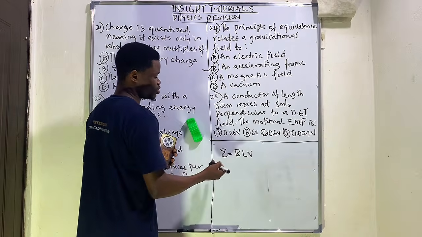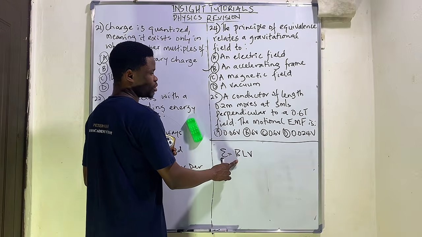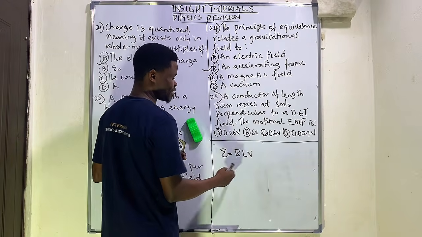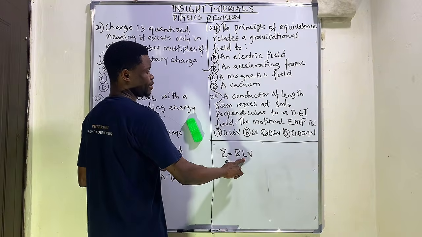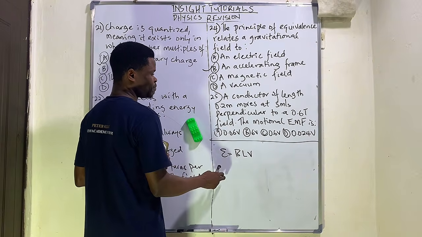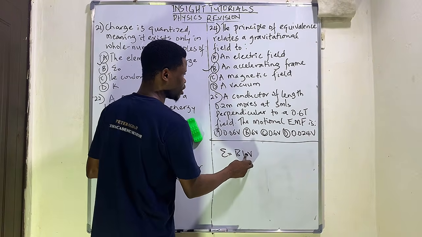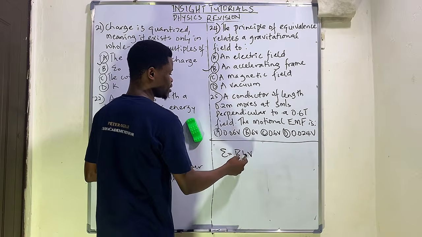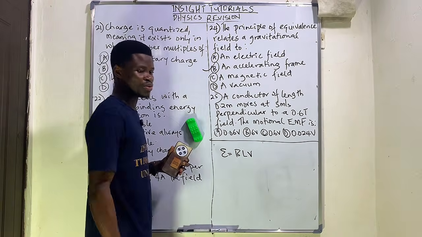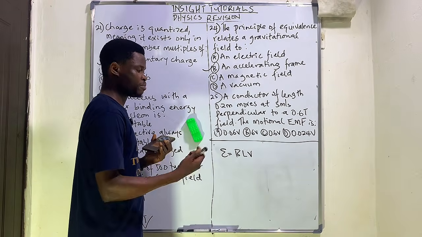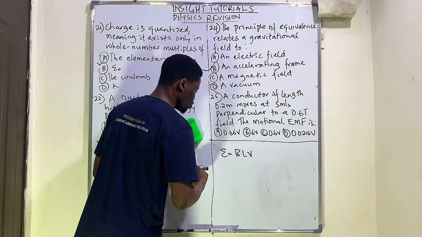So looking at this question, we have a magnetic field strength of 0.6 Tesla. We're given the length as 0.2 meter, and our velocity was given as 5 meter per second. So we can apply that in solving.